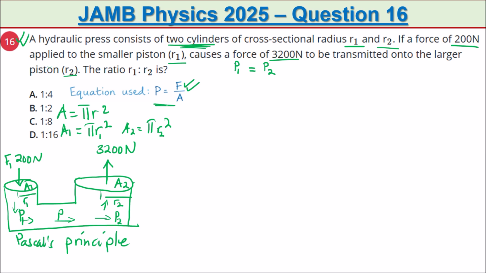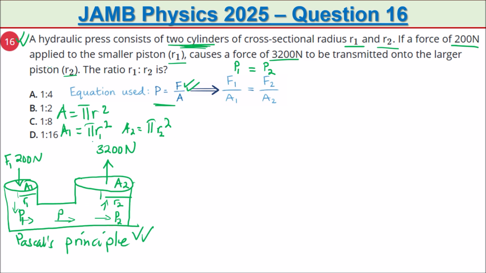Therefore, we can rewrite this equation as force 1 divided by area 1 is equal to force 2 divided by area 2. Why are they equal? By Pascal's principle. Pressure is transmitted equally in all directions, irrespective of the dimensions of the container.